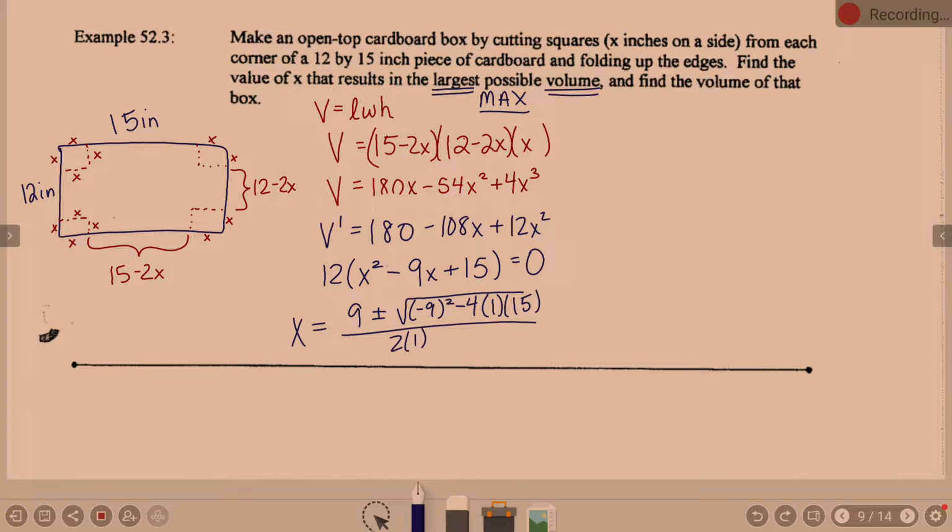And my a value is 1, correct? Because that 12 isn't really there. So 9 plus or minus the square root of 81 minus 60, which is 21, all over 2.